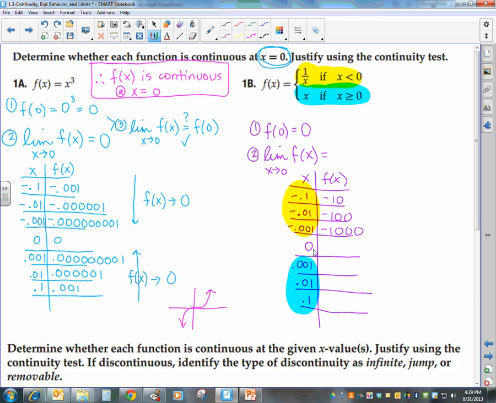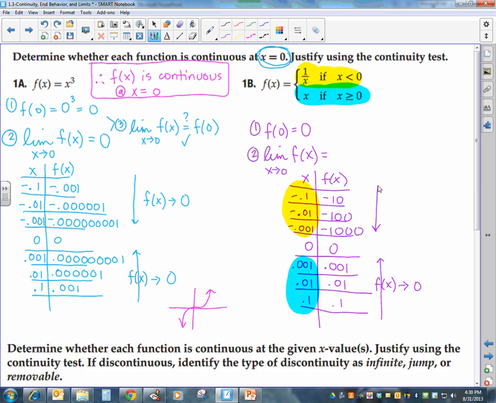Now for 0, which one do we use? What we just said, so it's 0. And then here, of course, we're using the bottom ones, where f of x equals x, so we just write that same value. So we're looking at these numbers. Are they getting smaller and smaller, closer to 0? They are. These y values are getting closer to 0.